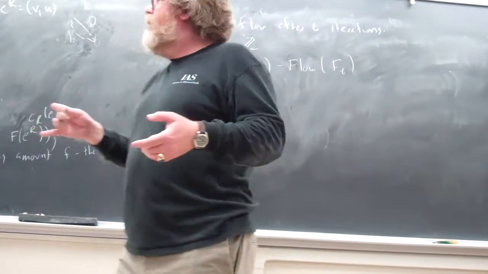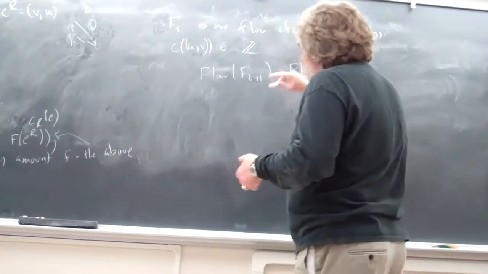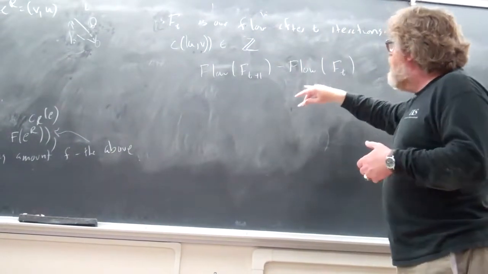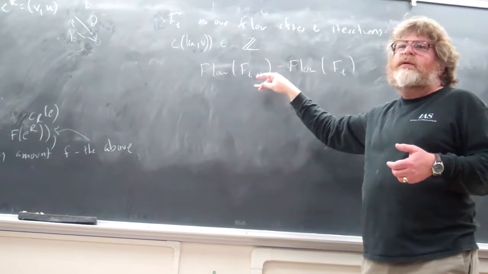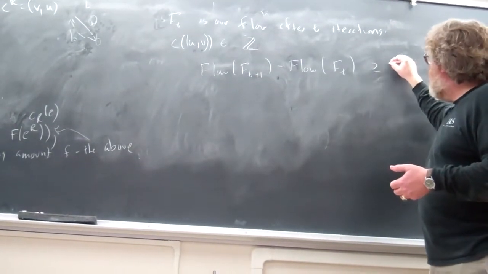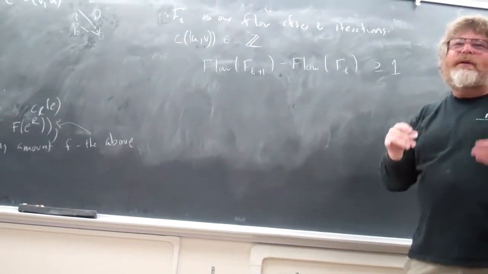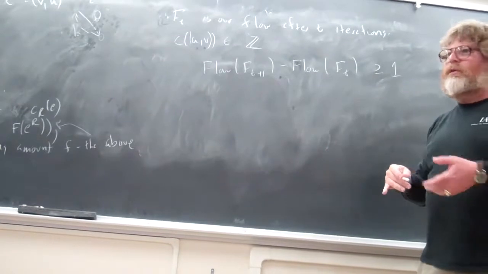So if we start with integers, then what can we say about the change in the flow? It's greater or equal to 1, because it's always bigger than 0, and it's always an integer, so it's always at least 1.